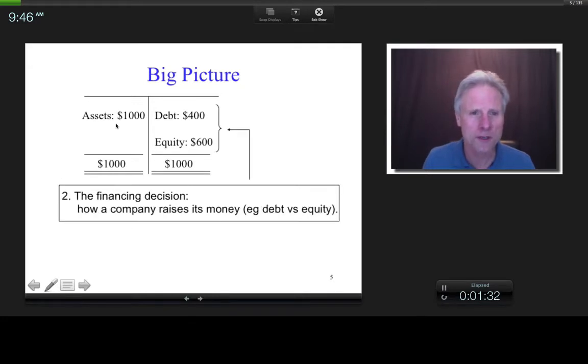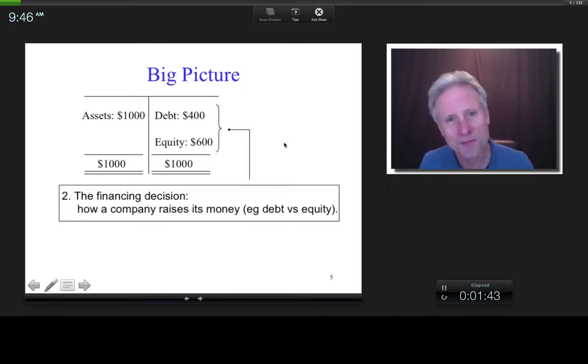Now, what's the other big picture decision you see? Well, the other big picture decision is the financing decision. Finance means to raise money, right? So, for example, when you bought a car, you might have, quote unquote, financed it, which meant you borrowed some money to pay for it. So is the financing decision, well, I wonder whether I'll raise money? It's not, right?